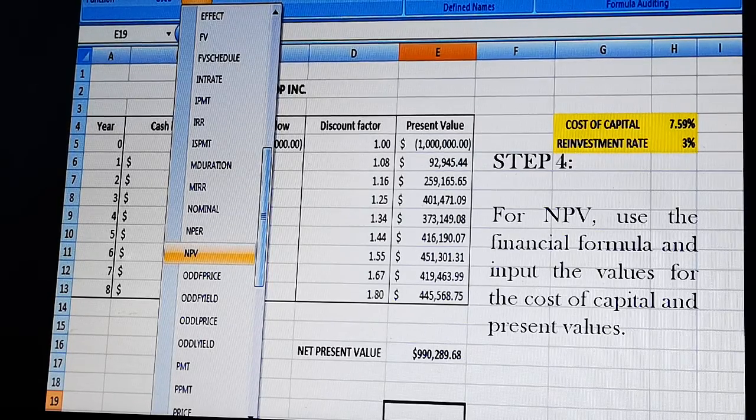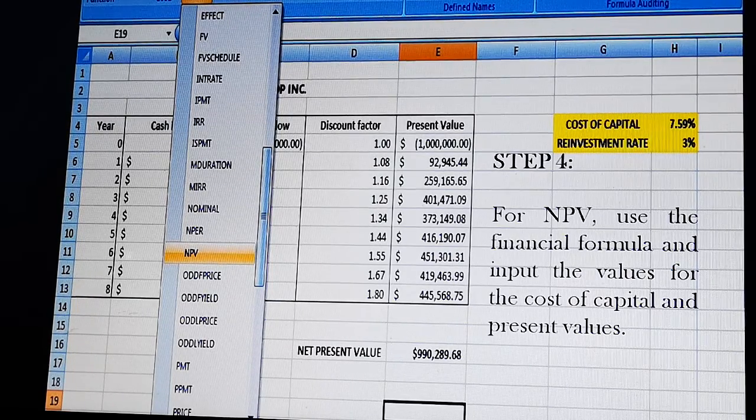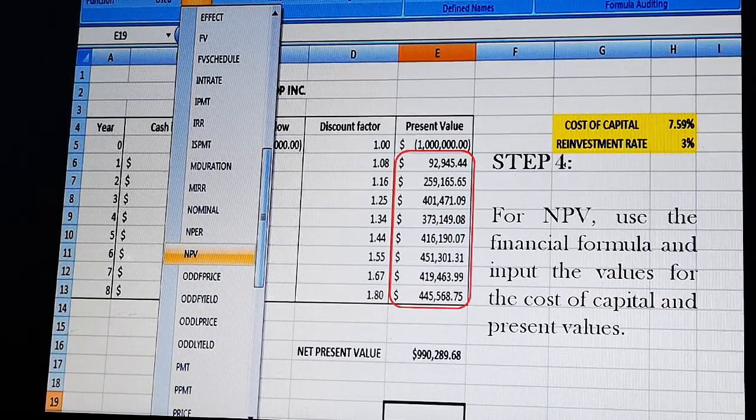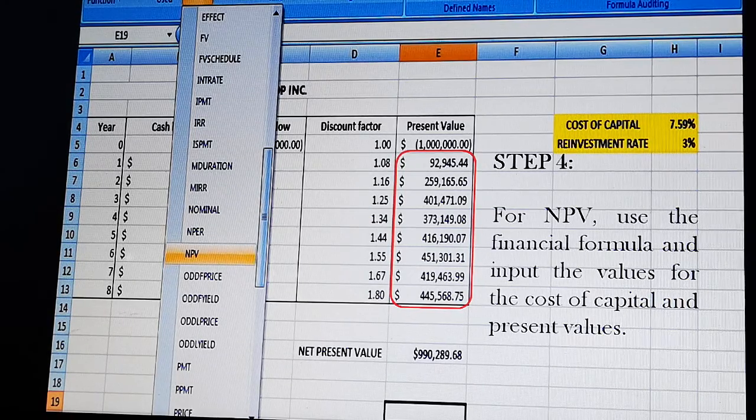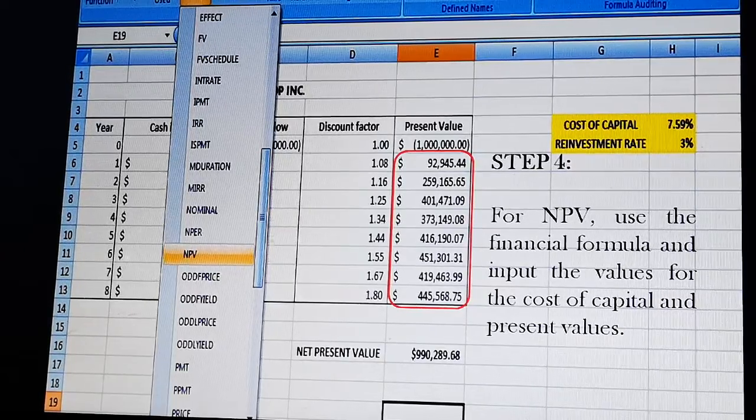And then for step 4, for the net present value, we can use the financial formula and input the values for the cost of capital and present value. So, for the cost of capital, we can use 7.59% and input the present values for year 1 to 8.